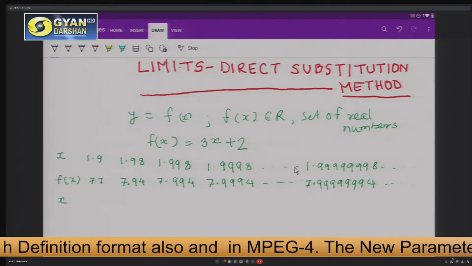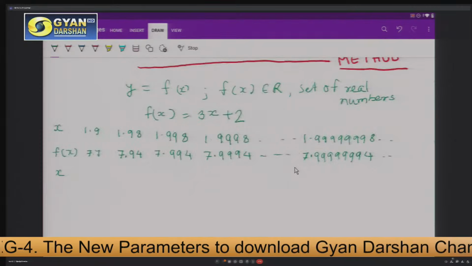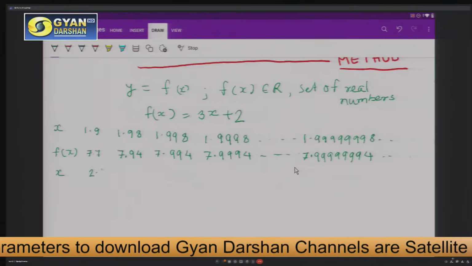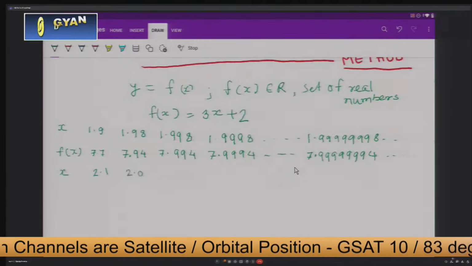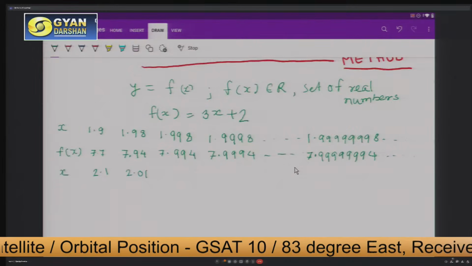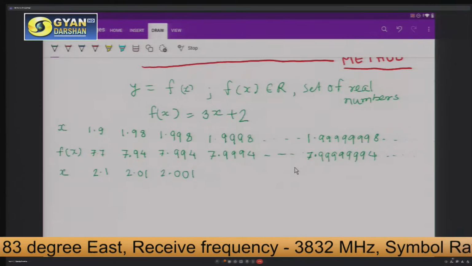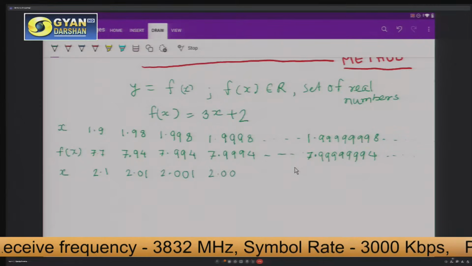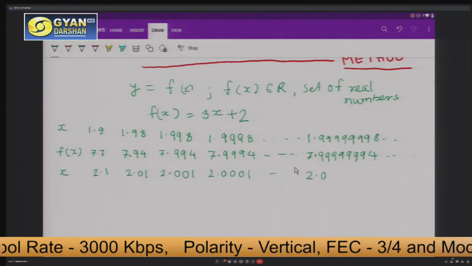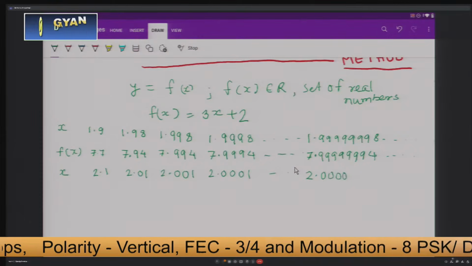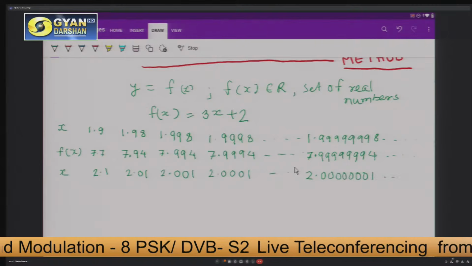Values of x, say 2.1, then 2.01, 2.001, and so on. Then we can go on.